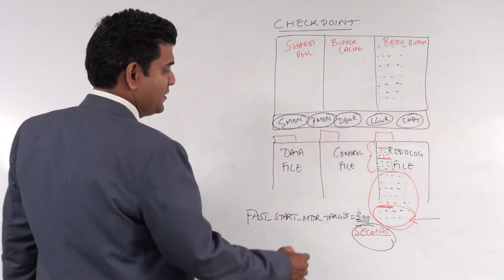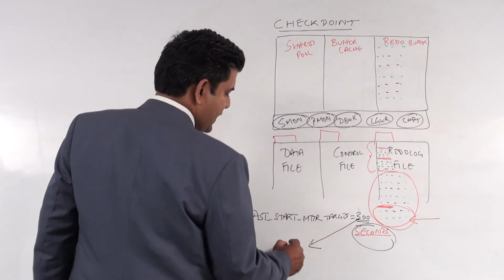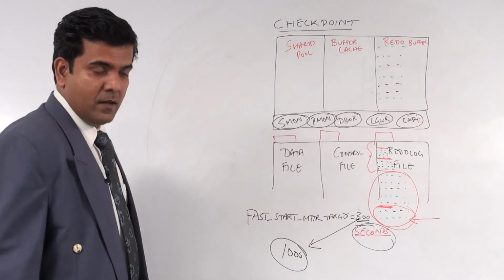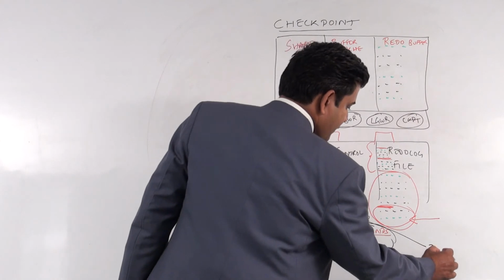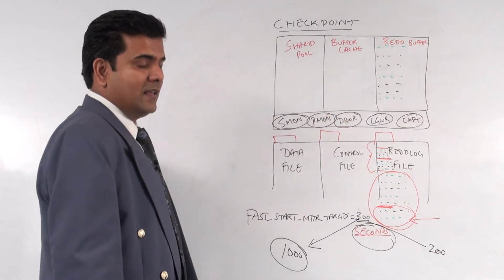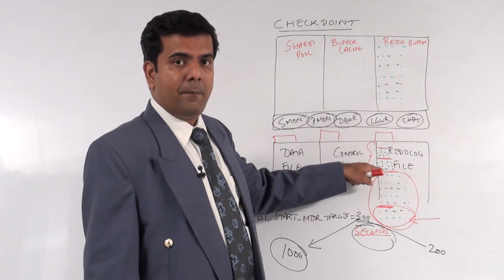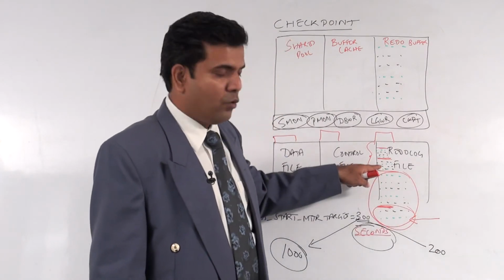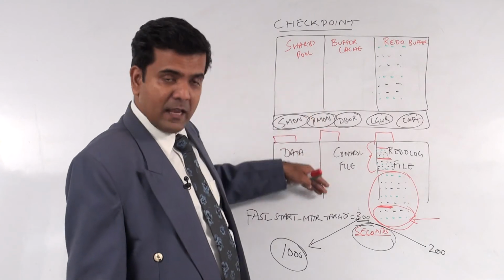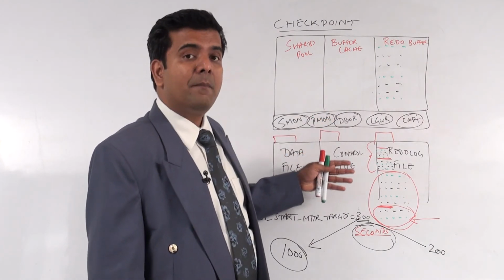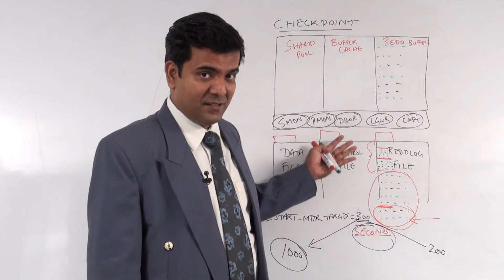So if I set this value to a larger value, let's say I set it to 1000, then the checkpointing will become less frequent. If I set this value to a smaller value, then this will ensure checkpointing becomes more aggressive. The benefit of the checkpointing becoming more aggressive will be more I/O will keep happening because DB writer will keep writing more constantly, but that will impact performance as this instance is running.